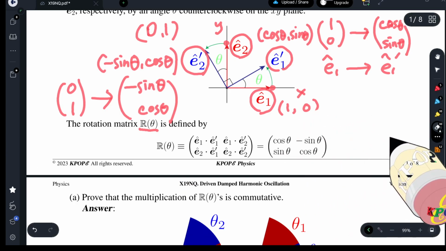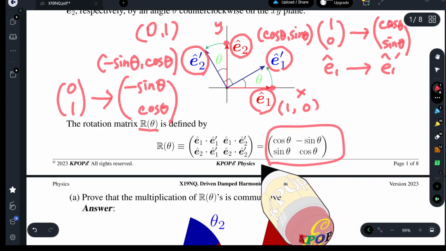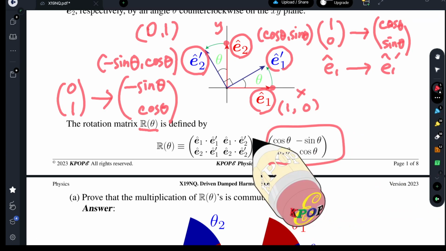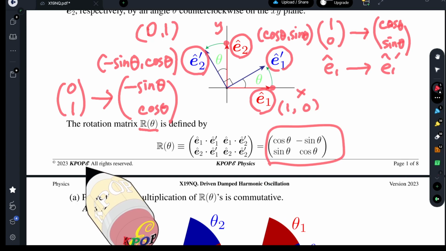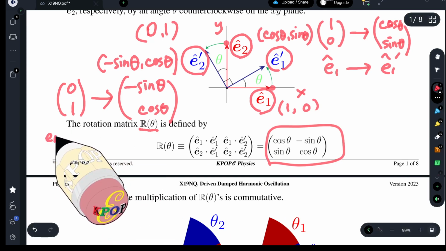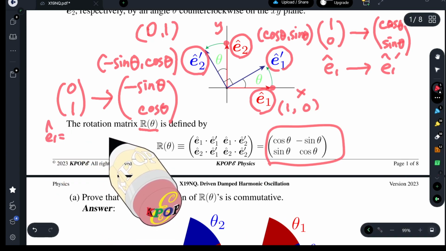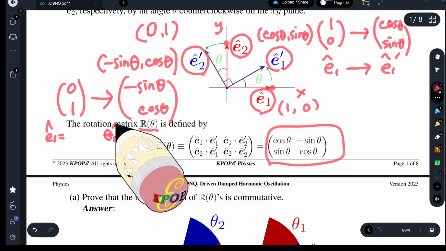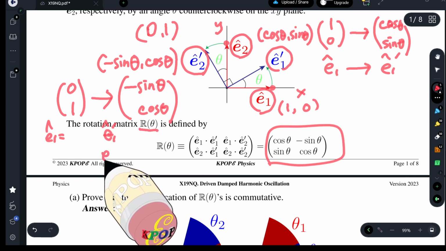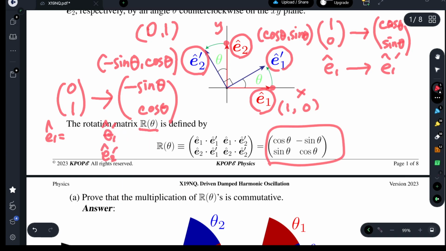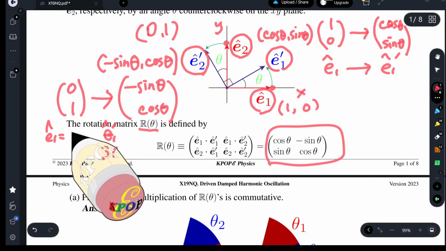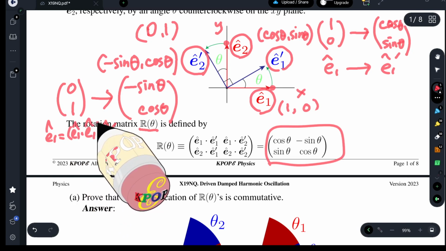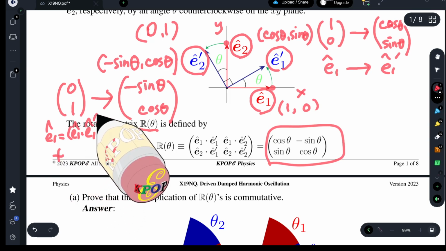Another way to reconstruct this is by making use of the completeness relation. So the E1 hat vector can be expanded in terms of E1 prime and E2 prime. The completeness relation states that this one should be expanded in such a manner.